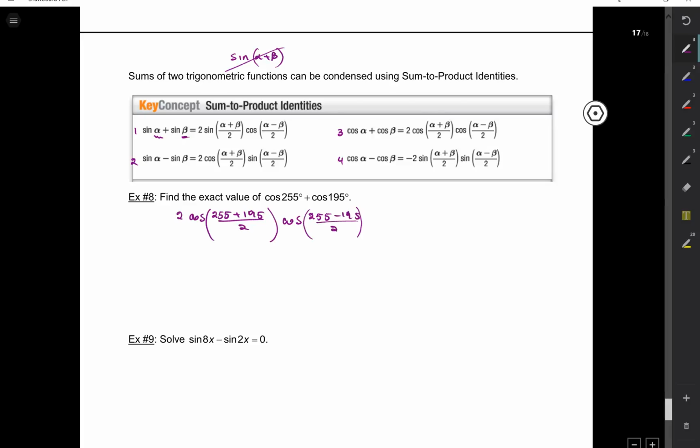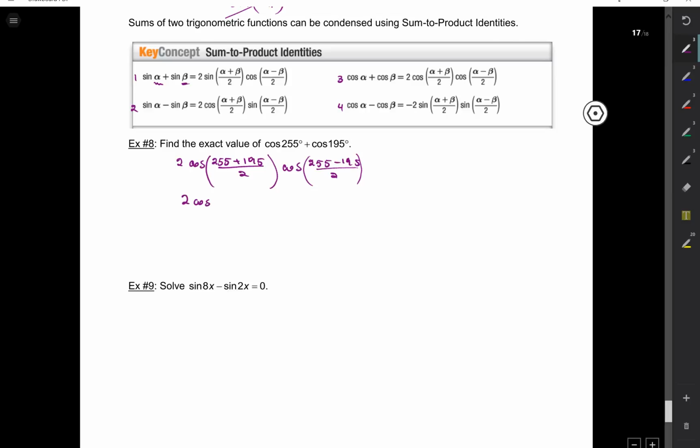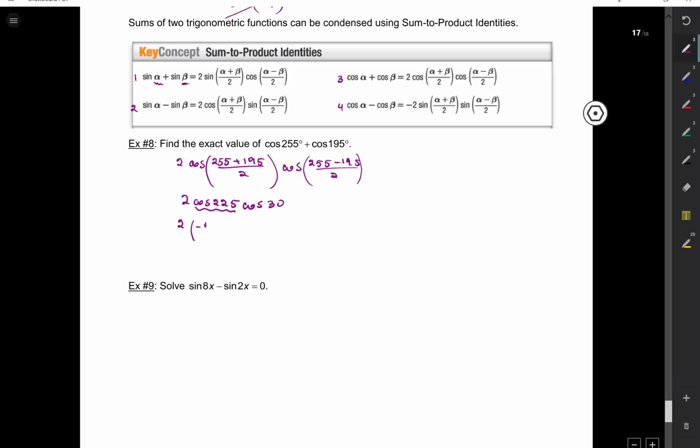And you can add those and you get 2 cosine of 225, which is a special angle, and cosine of 30, which is another one of our favorite angles. 225 is like your 45s, but is it positive or negative in that quadrant? So this is negative root 2 over 2.